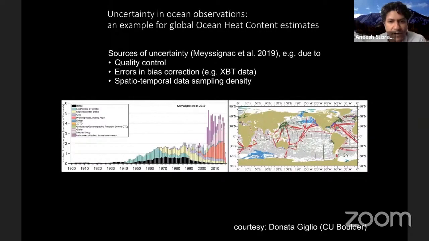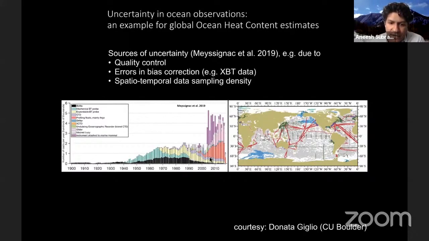A third reason for uncertainty in observing systems, specifically towards derived products like heat content, is the spatiotemporal data sampling. The left panel here is showing how the observing system density changed over the last century.